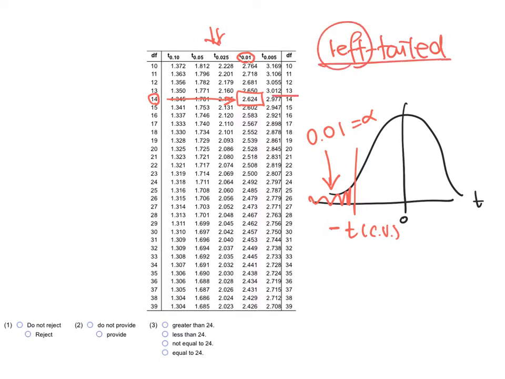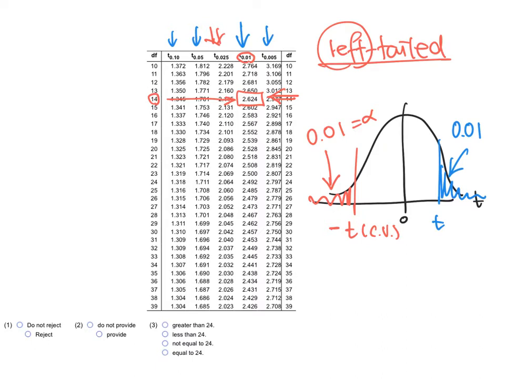But please look at this. That is a positive because the t-table gave us the t-score here with the upper tail probability the same as 0.01. So the probabilities here, they are all right-tailed, right?